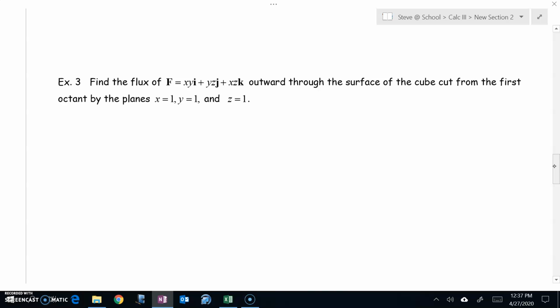So instead of doing 6, we can just do the divergence. So the divergence of this field, excuse me, this with respect to x is y, this with respect to y is z, and remember when you do a dot product, you're adding, and then x, so that's what we got. So the flux will be set up as the triple integral.